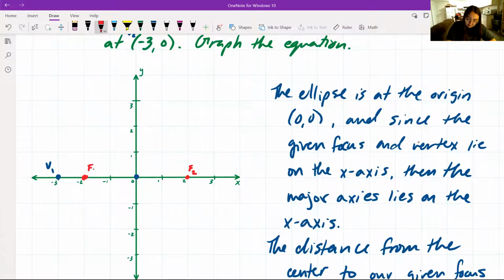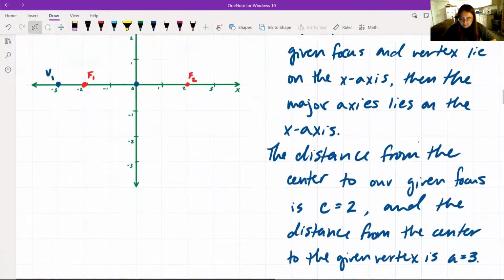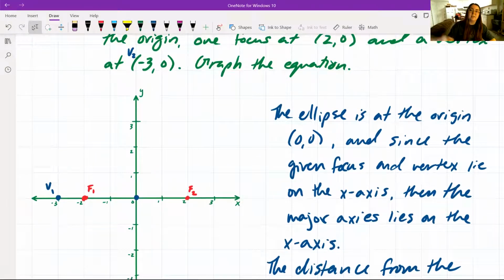So this will be our focus 1. Then to find our second vertex, same way. We know that the distance A for the given vertex was 3 in the left direction, or 3 in the negative direction. Now it has to be 3 in the positive direction from the center. So that means that our second vertex, V2, is at 3, 0.